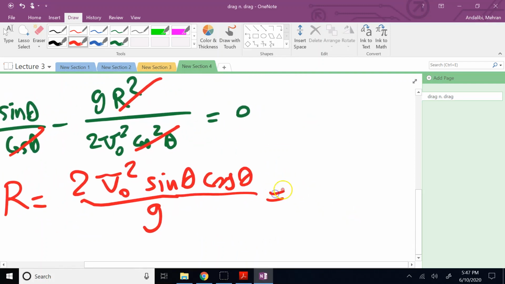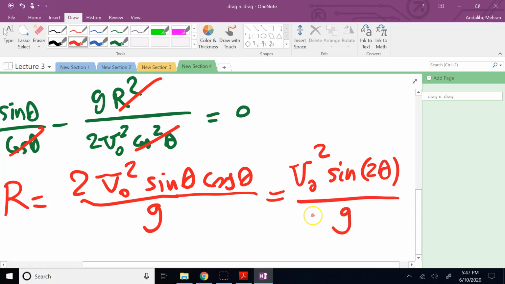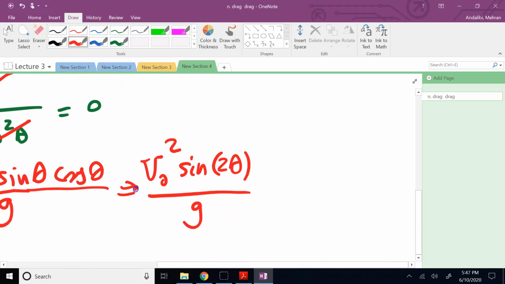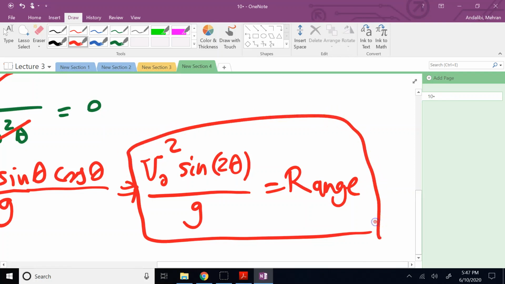And if you know tricks, 2 times sine theta times cosine theta is what? It's sine 2 theta. So there's going to be v naught squared sine of twice the launch angle divided by g. So this is a simple formula for range: v naught squared sine of 2 theta divided by g.